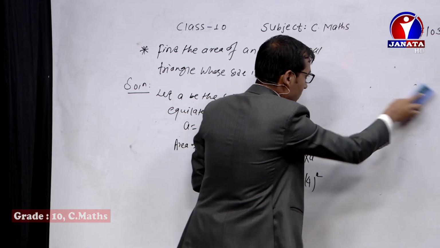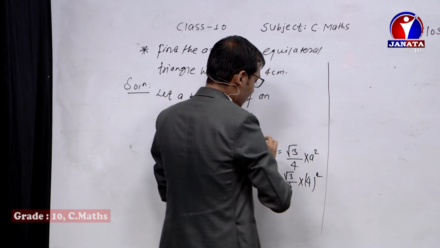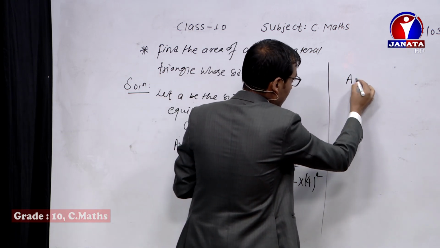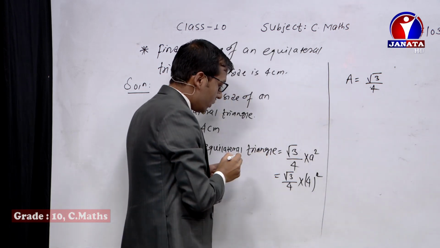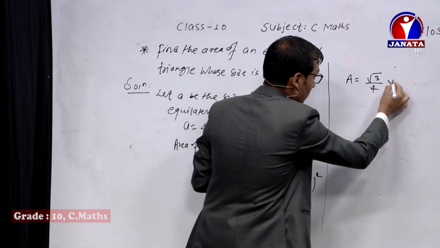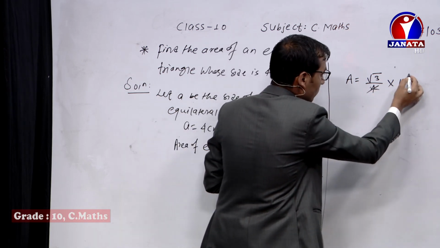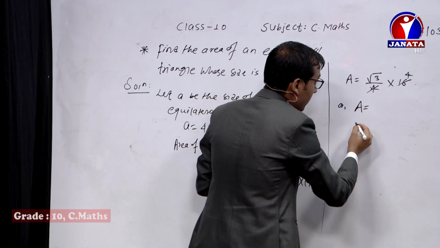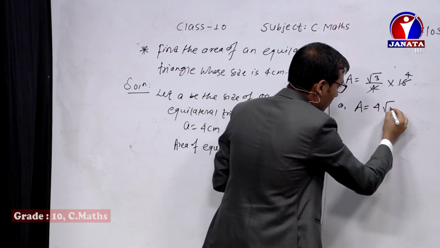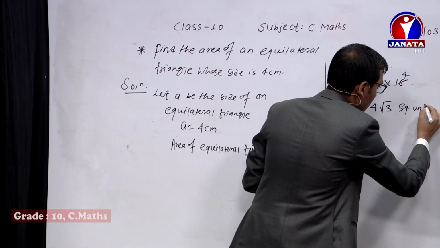So area of this equilateral triangle is square root of 3/4 times, what is 4 square? It's 16, so we can cancel 4 and 16, and we get 4 times root 3 square units.